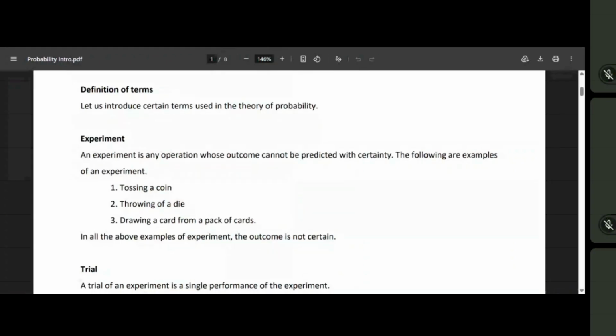If you toss a coin, it has 2 faces. We call one side the head, we call the other side the tail. Either the head will surface or the tail will surface.